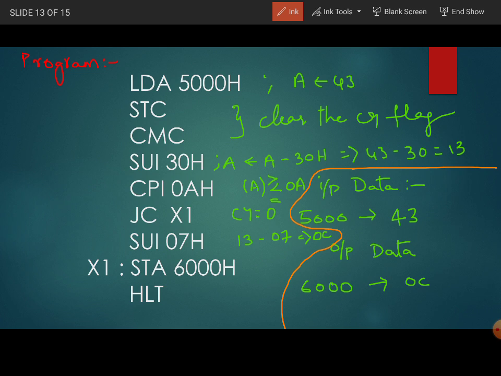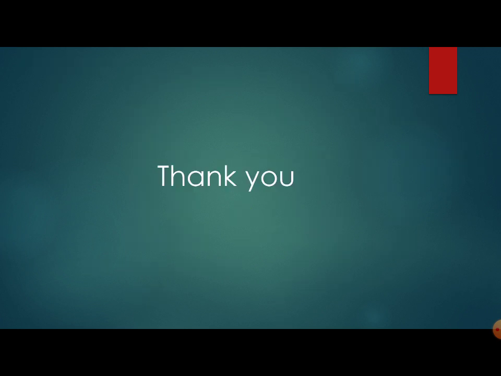So if there is carry, directly it jumps to storing the result to memory location. If there is no carry, then it subtracts the content of accumulator minus 07 and then stores the result. Thank you all.